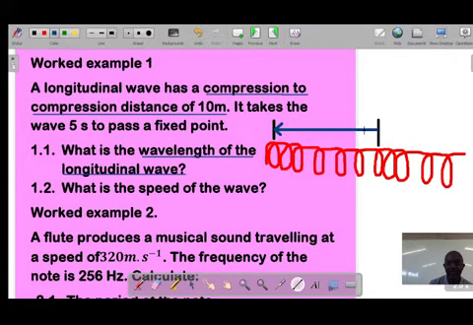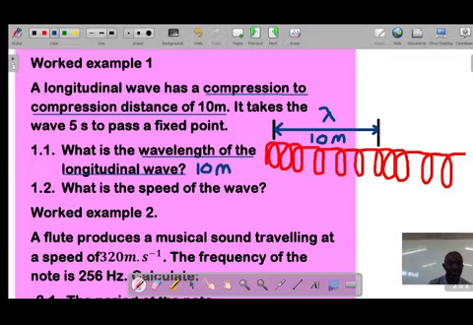The distance from the start of one compression to the start of the other compression is called lambda. So this is my wavelength. In other words, my wavelength is 10 meters, because they said from compression to compression is 10 meters. That's my answer.